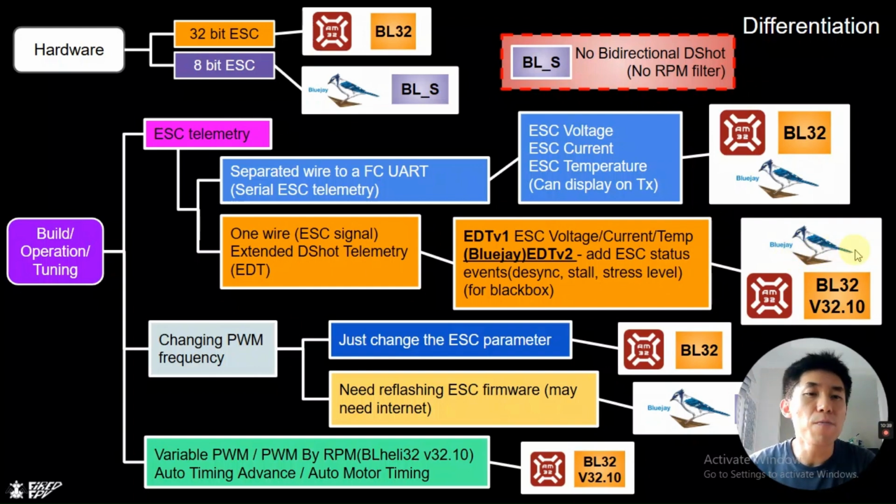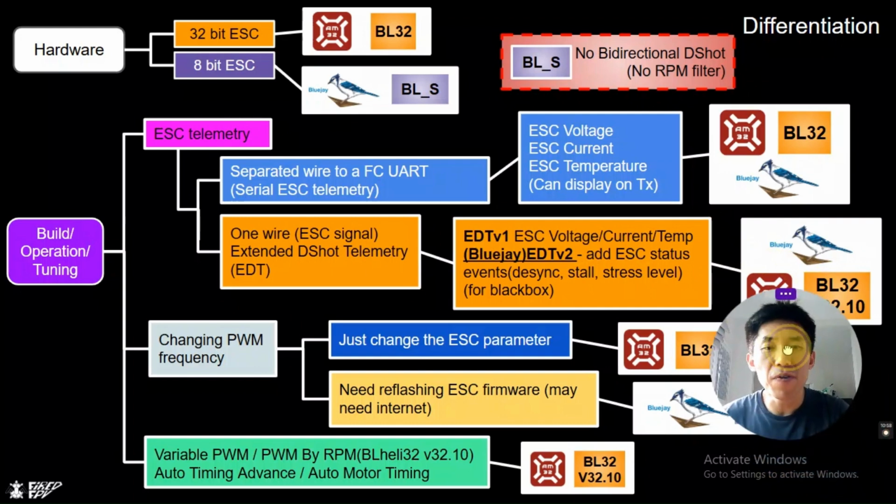The three firmwares that can do this are Bluejay, AM32, and BLHeli_32 version 32.10. Only version 32.10 or newer on BLHeli_32 can support the EDT feature. All right, let's move on.